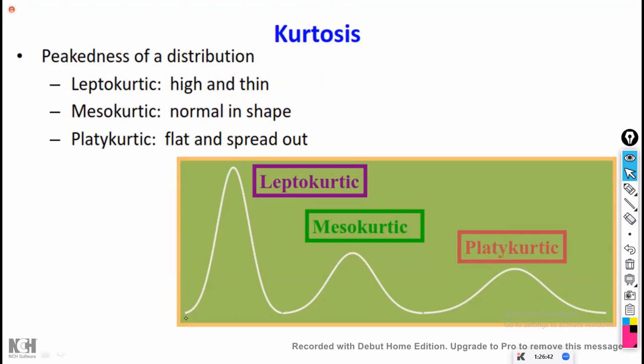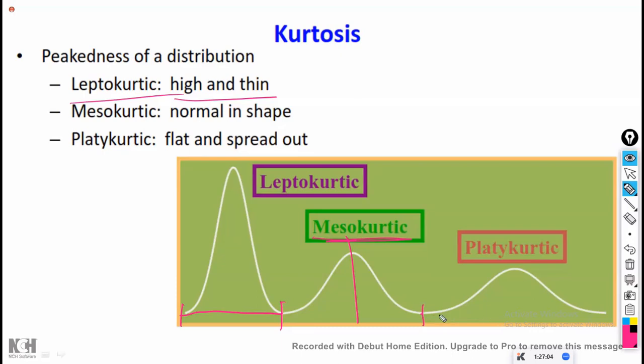If the data is like this, high and thin, then it is called leptokurtic. If the data is normal, where the left side and right side distribution of the data is the same, then it is called mesokurtic. Mesokurtic means normal distribution.